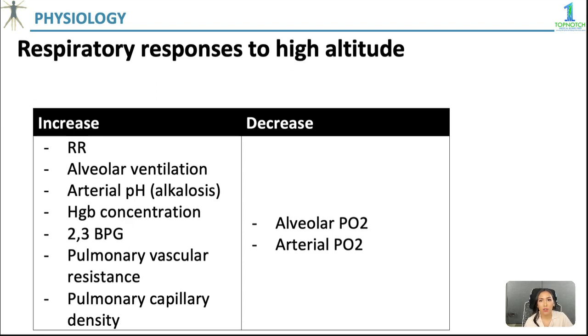Typically, these are the following things that increase: RR, alveolar ventilation, arterial pH indicating alkalosis, hemoglobin concentration, 2,3 BPG, pulmonary vascular resistance, and pulmonary capillary density. Whereas alveolar PO2 and arterial PO2 will decrease. And that's it for physiology.